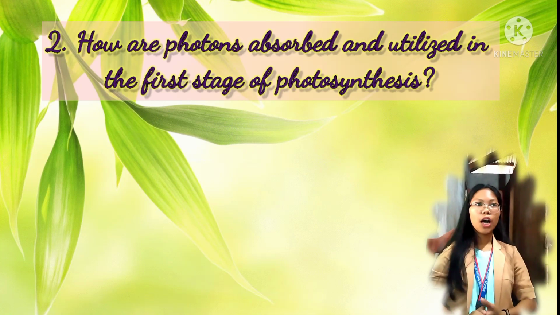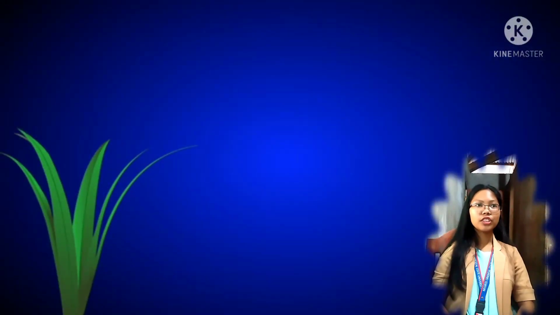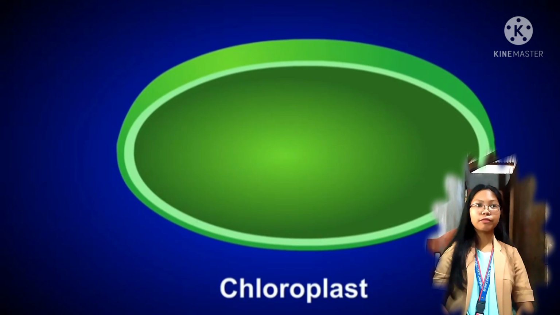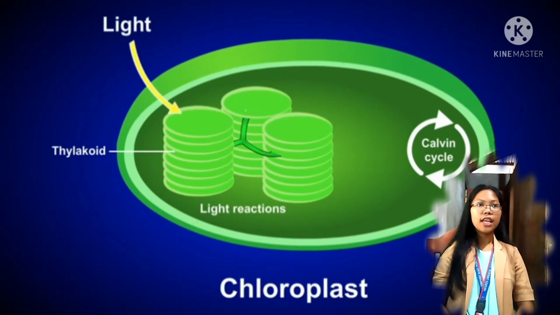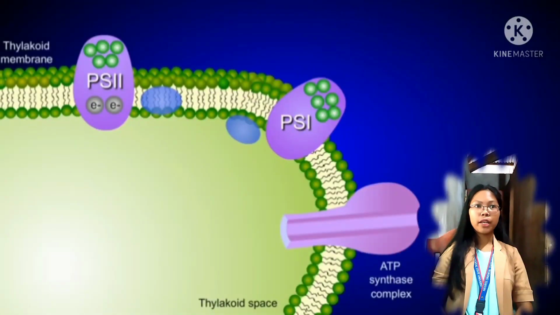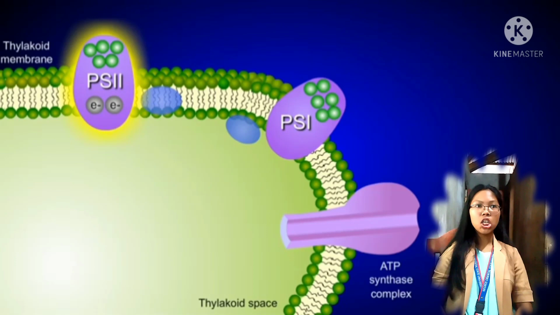Number 2. How are photons absorbed and utilized in the first stage of photosynthesis? Photosynthesis can be described in 4 stages, which occur in specific parts of the chloroplast. In stage 1, light is absorbed by chlorophyll, a molecule bound to reaction center proteins in the thylakoid membrane.